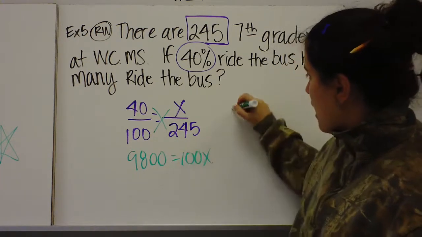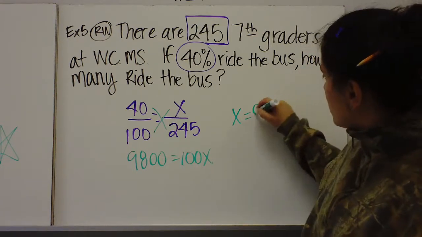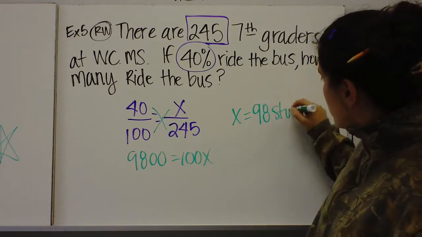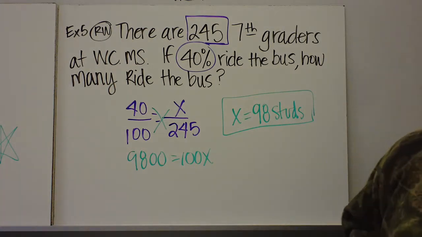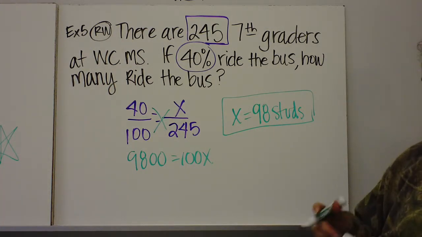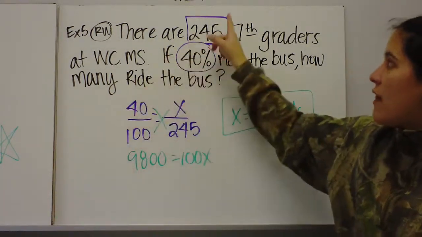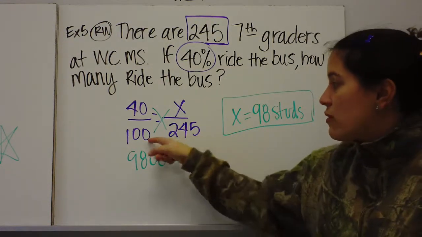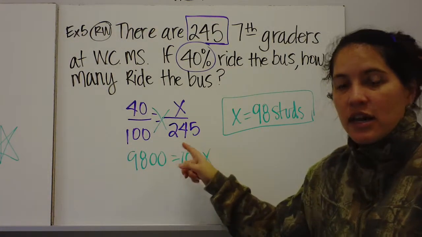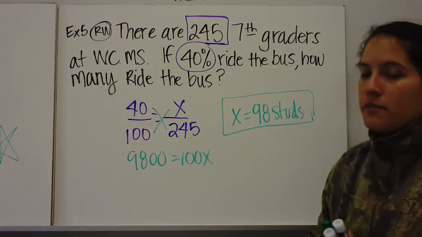Then you divide both sides, and x equals 98 students. 98 students ride the bus. So again, let me just quickly review. I started with my percent, and then this was the entire 7th grade. That was the whole, so it went on the bottom to represent 100%. And out of that, 98 students ride the bus, which is 40%.